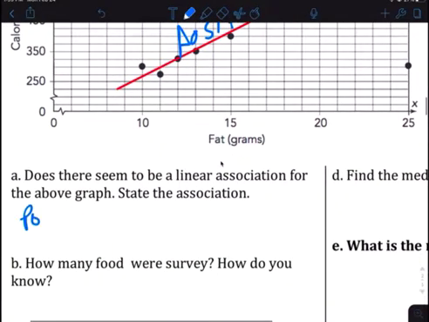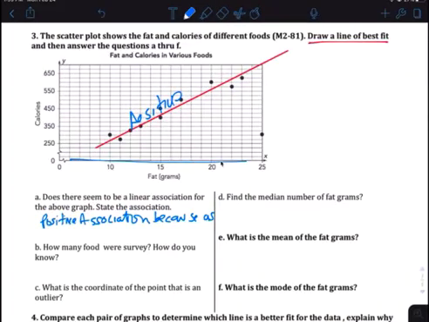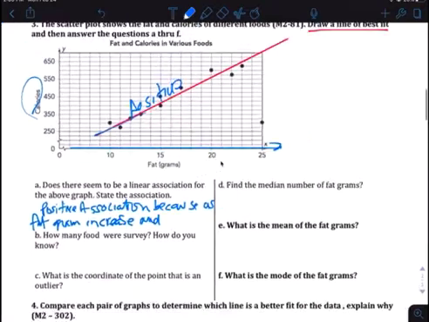This is a positive association because as fat grams go up, calories also go up.